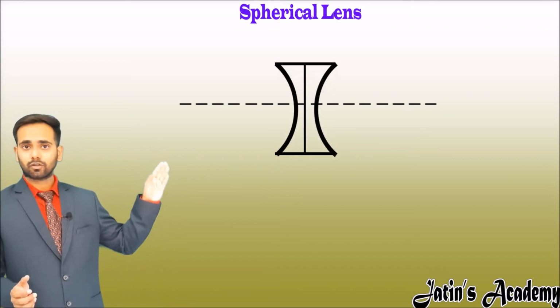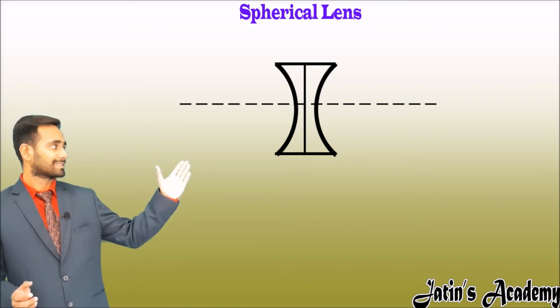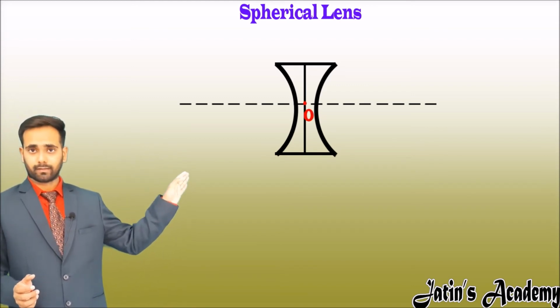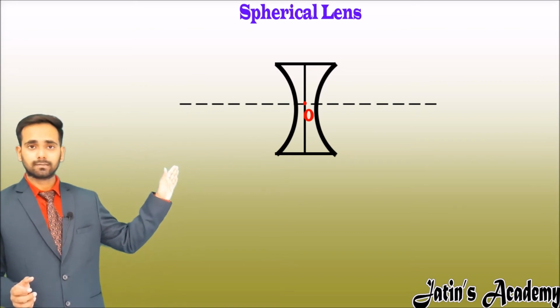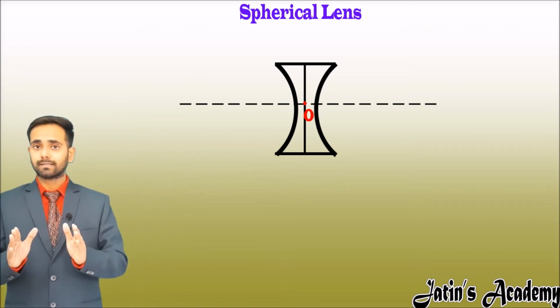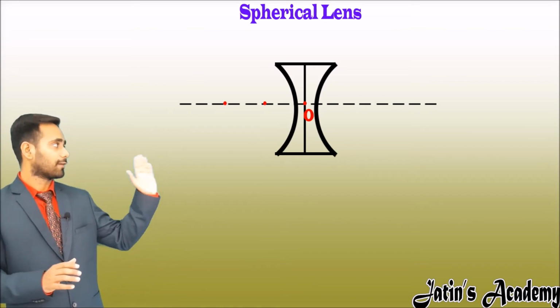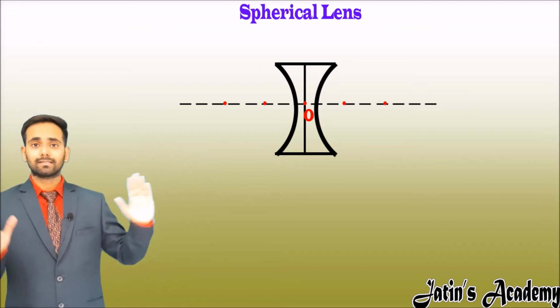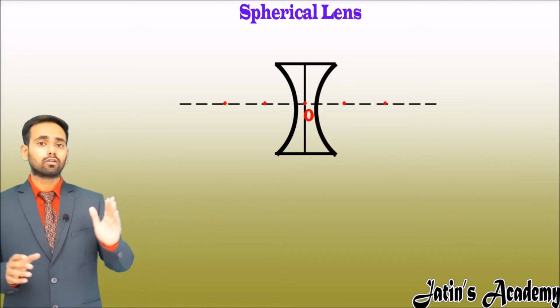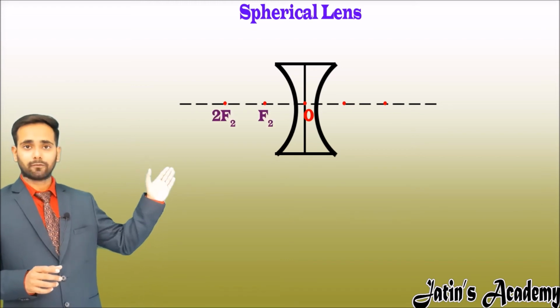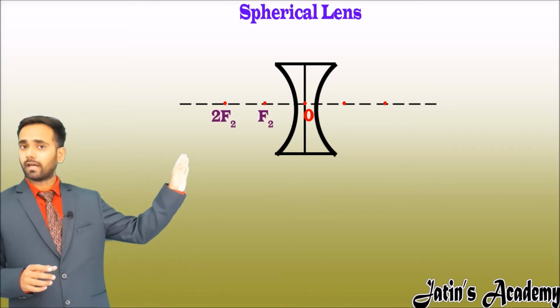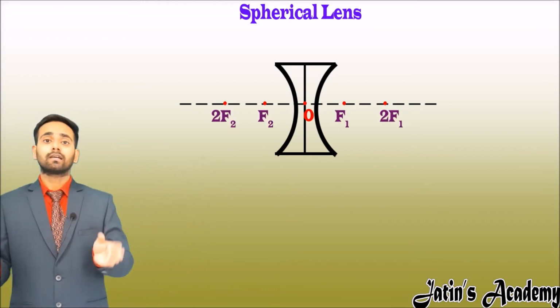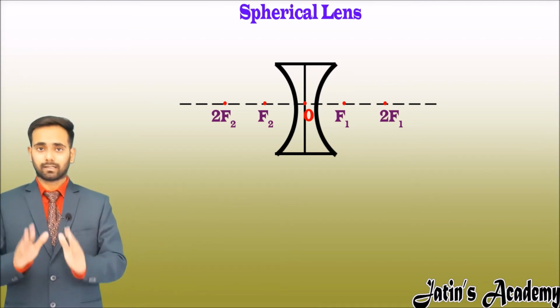The intersection of the aperture and the principal axis is nothing but the optical center. Now from the optical center, take 2 points at the same distance on the left side and on the right side. These are nothing but the foci. On the left side we have the second focus, and on the right side we have the first focus. We know that the focus is different in the concave lens.